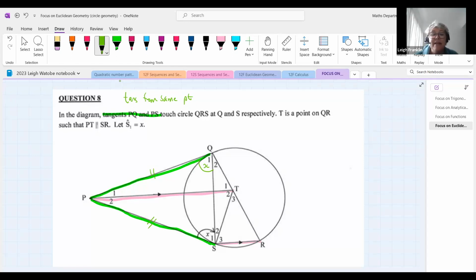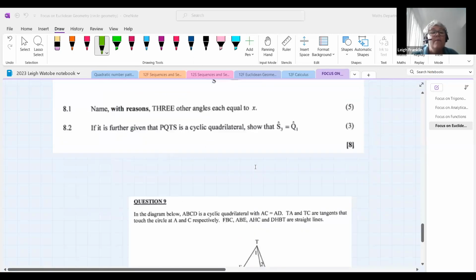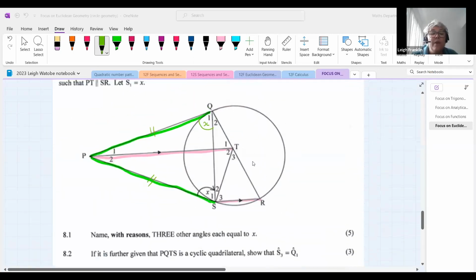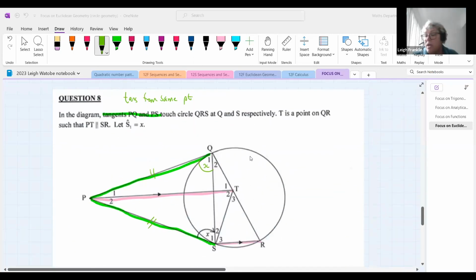Then they've said let S1 be equal to X. So now, similar to a previous question, name with reasons 3 other angles each equal to X. We've already got one. What we would need to say about Q1 in order to set it out in 100% the correct way is this.